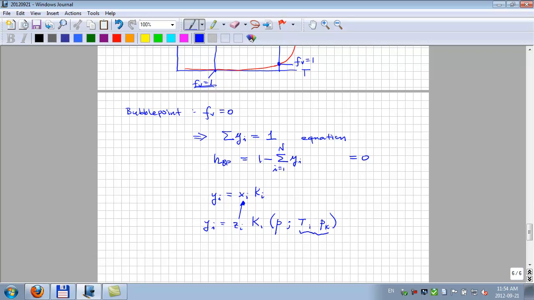So these are fixed, and you're searching for P to satisfy this equation here, because yi is a function of ki, which is a function of that bubble point pressure we're looking for. So h is a function of this bubble point pressure.